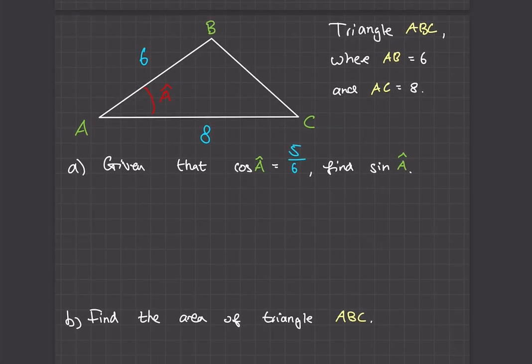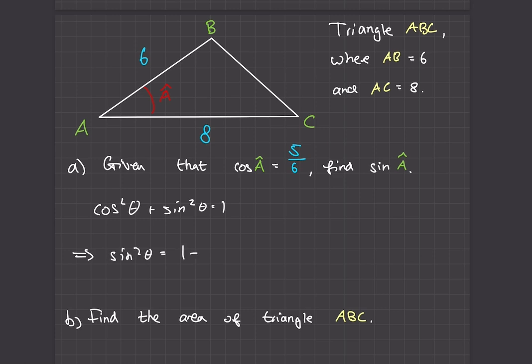There are two ways to do this. You can use the trig identity, of course. You know that cos squared theta plus sine squared theta equals 1. So that means that sine squared theta equals 1 minus 5/6 squared, which is going to be 36 minus 25 over 36, because 36 over 36 is 1, and that's going to be 11 over 36.